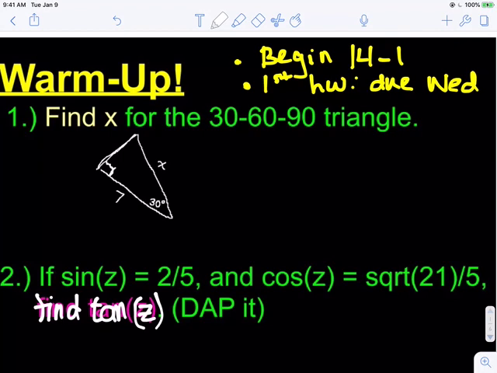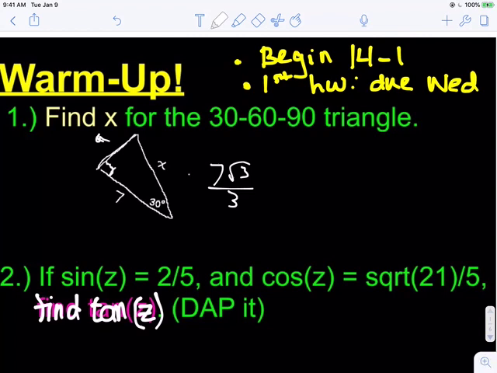So since this is a 30, 60, 90 triangle, you could use that, I guess. And so, first you have to solve this side, and if you use this 30, 60, 90 triangle rule, this would be 7 square root 3 over 3.